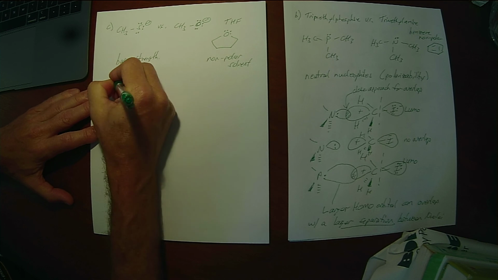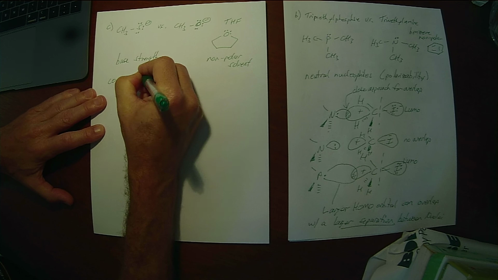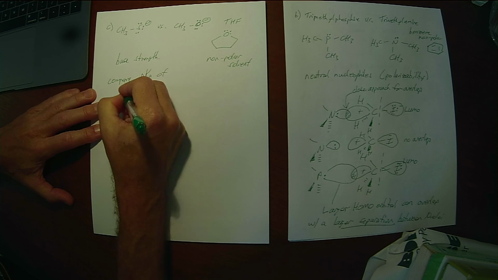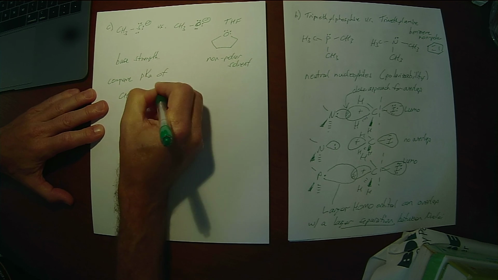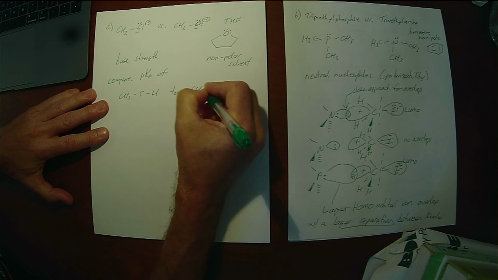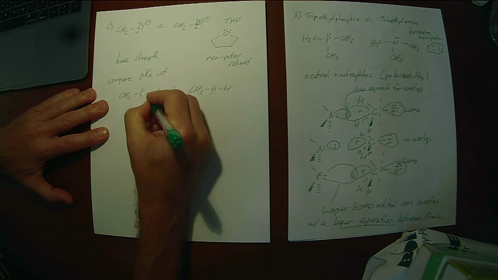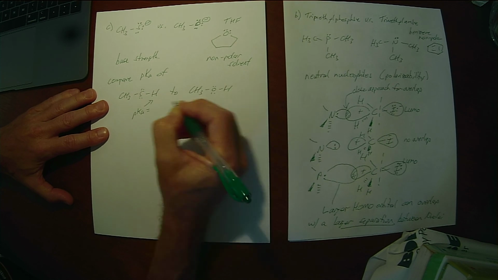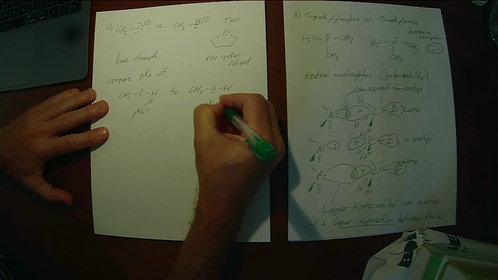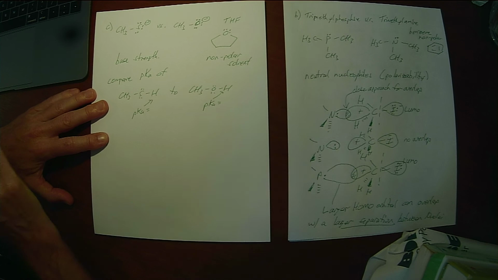So you're comparing the pKa of CH3SH to CH3OH. What is the pKa of that thiol hydrogen? Anybody?